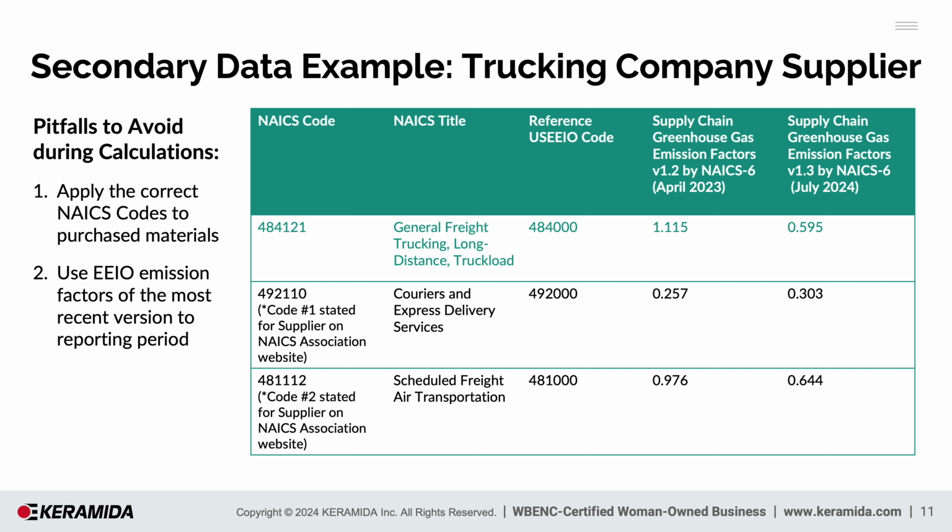You want to make sure, so if you look in the second column, there's various NAICS codes that one could apply to this trucking vendor, but they have vastly different emission factor values, ranging from 1.115 to 0.303.